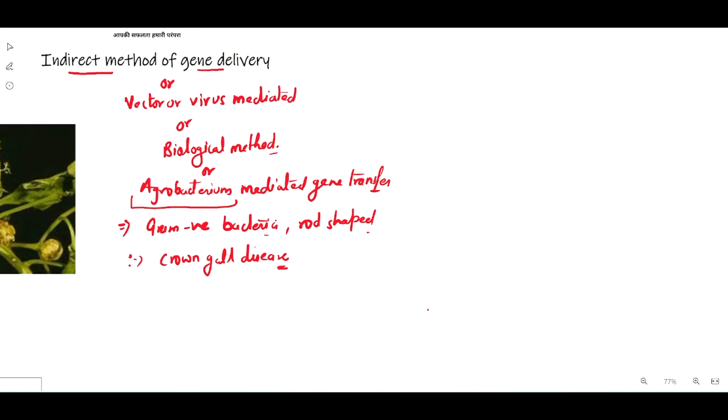The most common biovars of Agrobacterium are: number 1, Agrobacterium tumefaciens, called biovar 1.